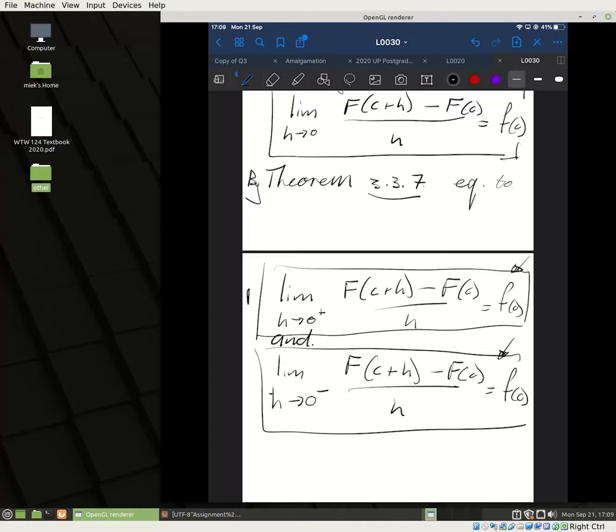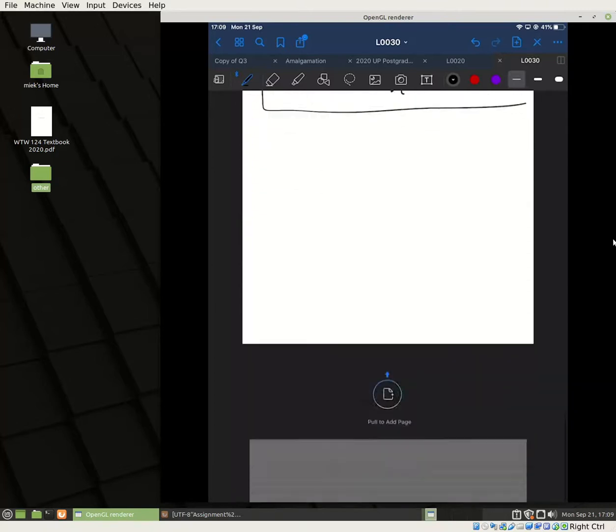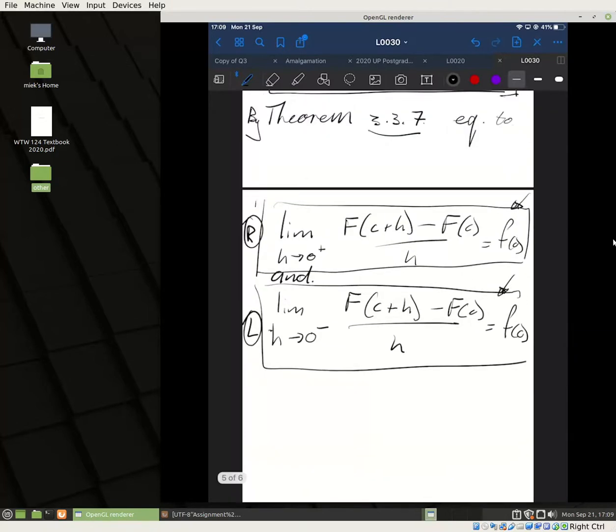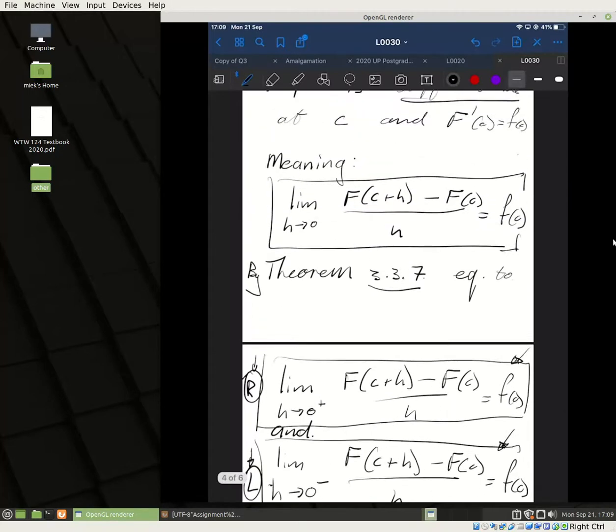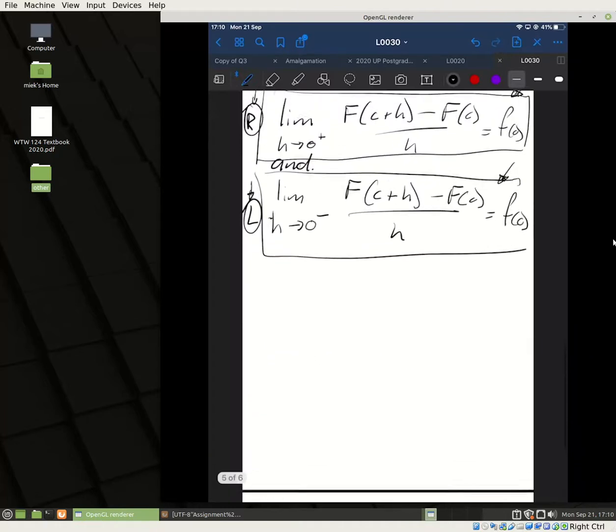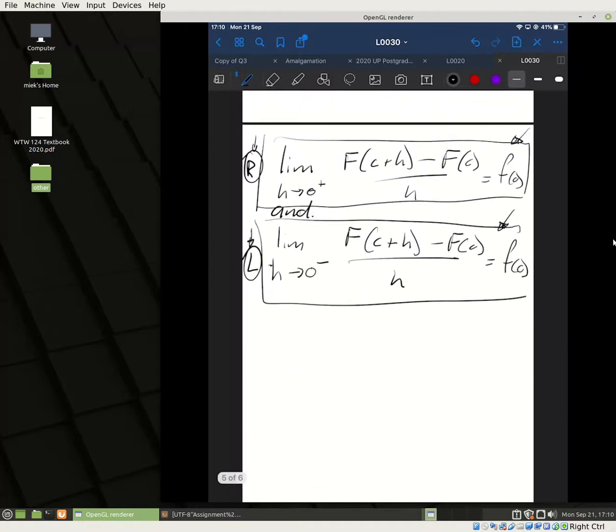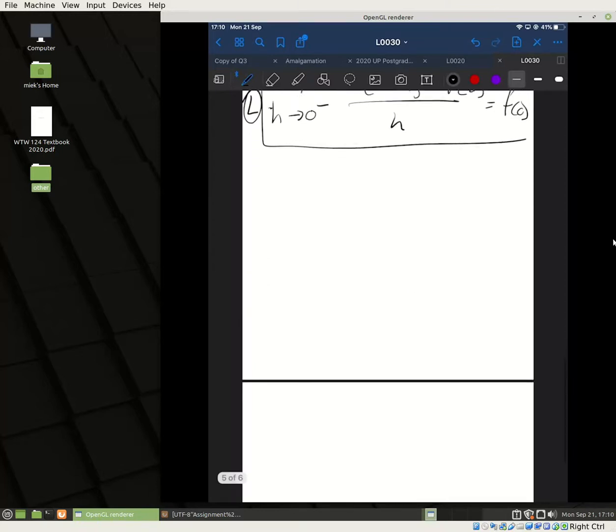I'm going to label this R, and I'm going to label this statement L. So if we prove both R and L, then we are done showing that capital F is differentiable. So what we will do is we will prove R, and we will leave L as an exercise.